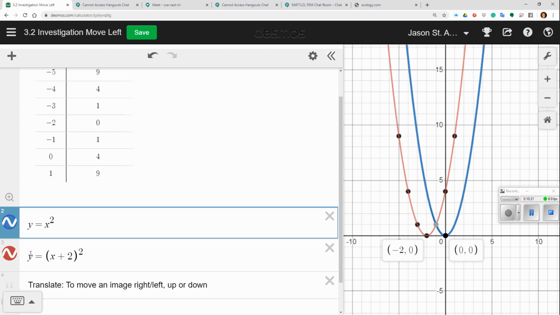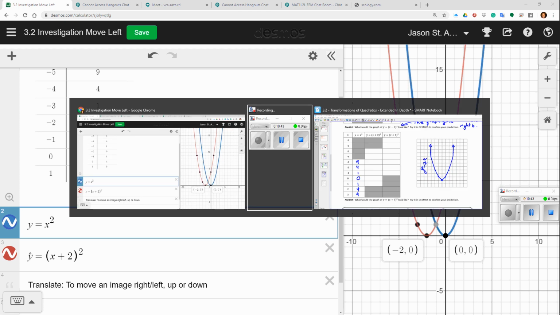If it says x plus 2, we move to the left exactly 2 spots for every point in our graph. And the base point for our graph is always 0, 0. We will eventually use those steps that we created a while back in order to understand how to graph these things very quickly. So now let's go back to our sheet and fill out the rest of our problem set.